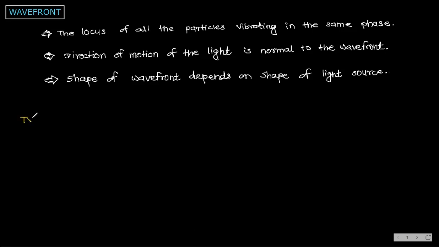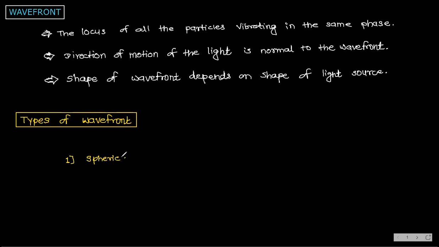So next one, that is types of wavefronts. Let's see how many types are there. First I am taking spherical wavefront. The shape of the light source is a point source.